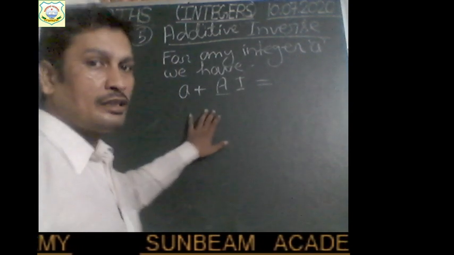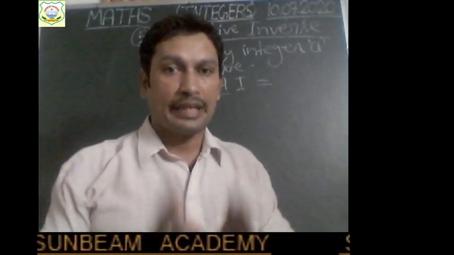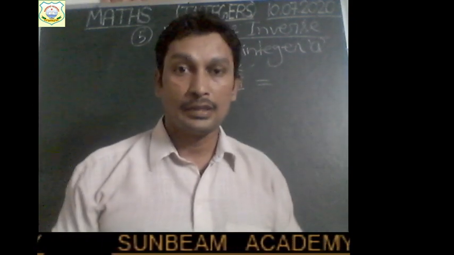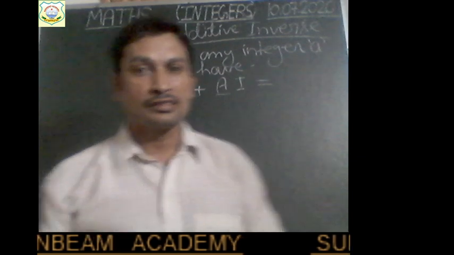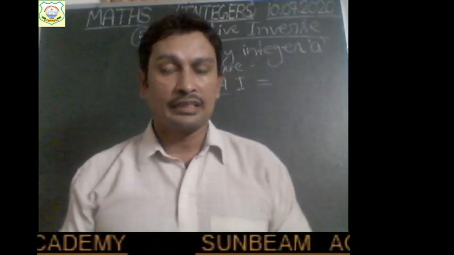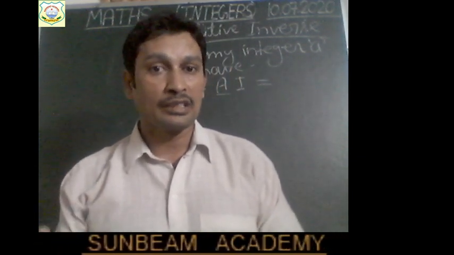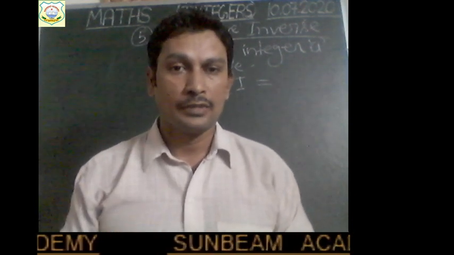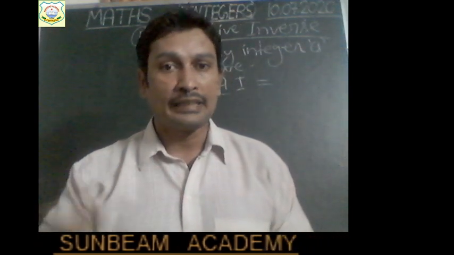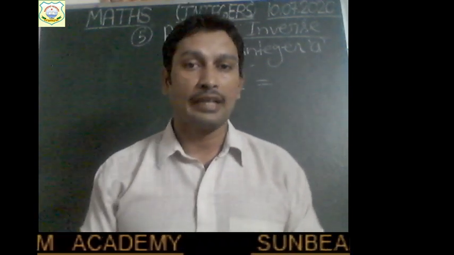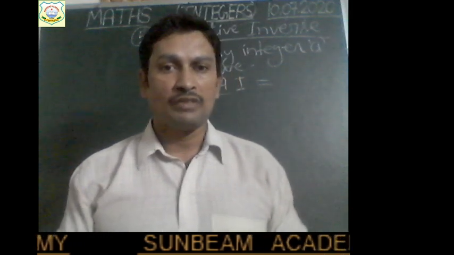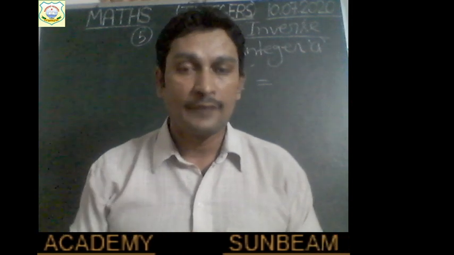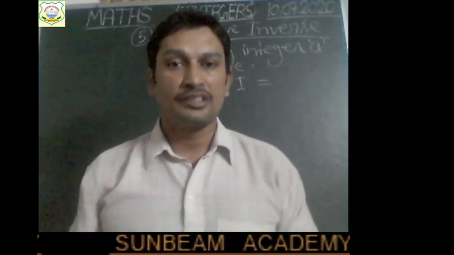Additive inverse is a special integer which is added to any integer and converts it into 0. Additive inverse. Inverse means just opposite. So in case of addition, which integer is opposite to a given integer? That you have to see. The opposite of an integer is also called its additive inverse. Why? When we add the opposite of an integer to the value of the integer, the result becomes 0.